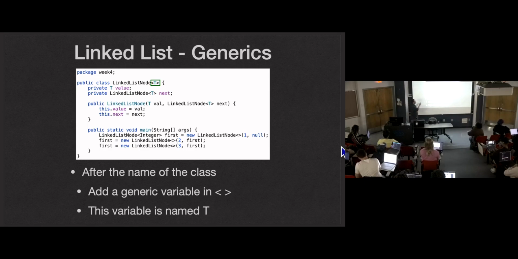So this is saying this class is going to take a generic type, and then I'm going to name it whatever I want to name it. Generally, T here is what I called my generic type. This can be any variable name, and Java will still compile your code.